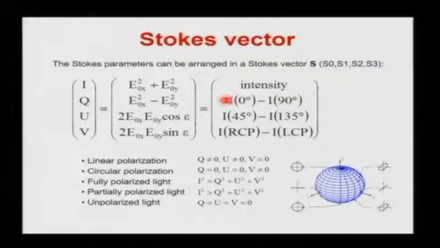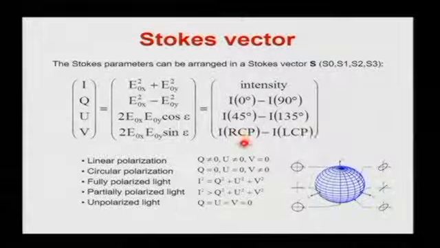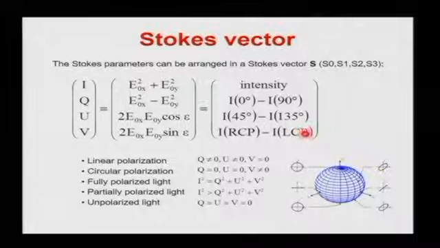The difference gives us the second component of the Stokes parameters. Then the product rotated by 45 degrees will be the third one. And the last one shows us the difference between right circular and left circular. It shows the helicity flip.